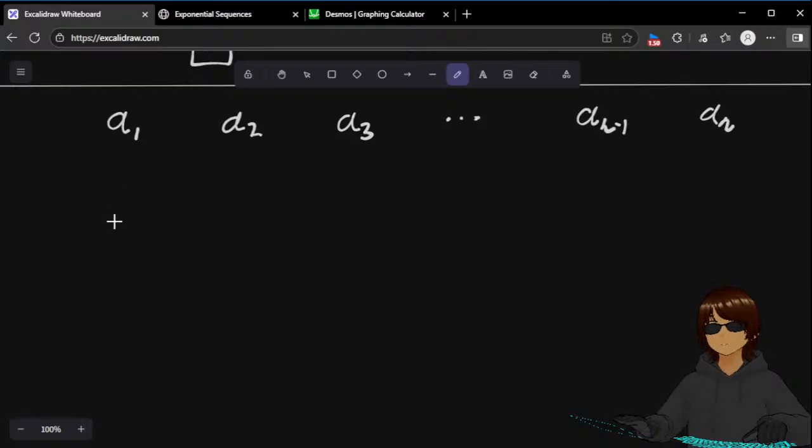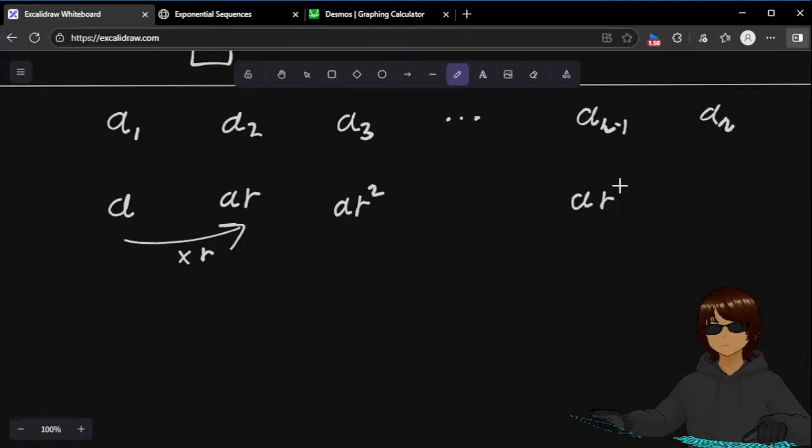So the first term, I will call it A. And in a geometric sequence, the next term is multiplied by r. So it's A r, then A r squared, then A r to the n minus 2, A r to the n minus 1.